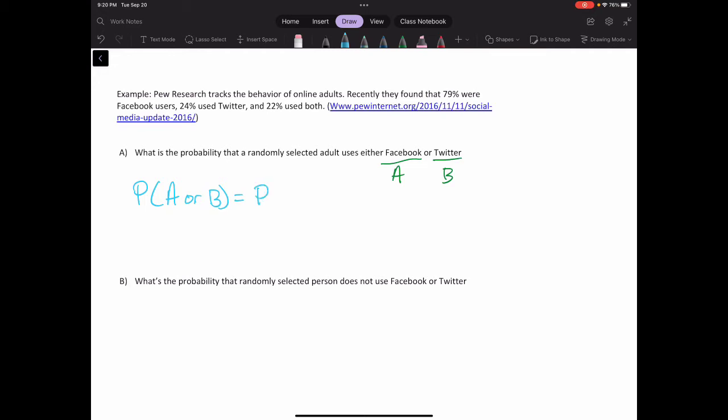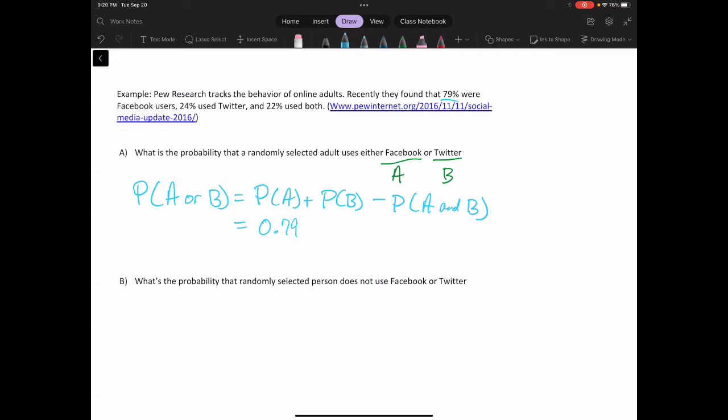I'm just going to rewrite the formula. It's the probability of A plus the probability of B minus the probability of both A and B. So what does that look like for us? The probability of A, the probability that someone uses Facebook, is 79%. I'm going to write it as a decimal, 0.79.